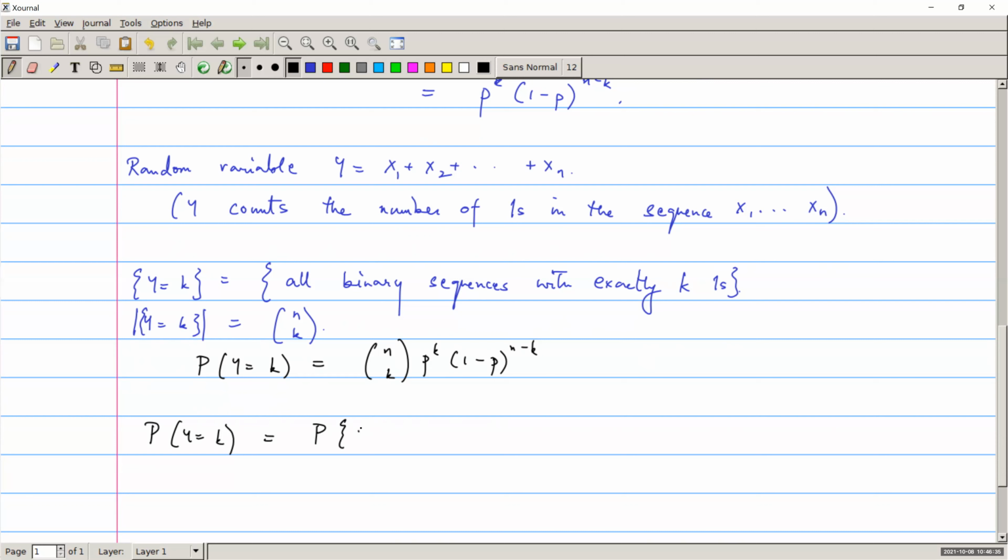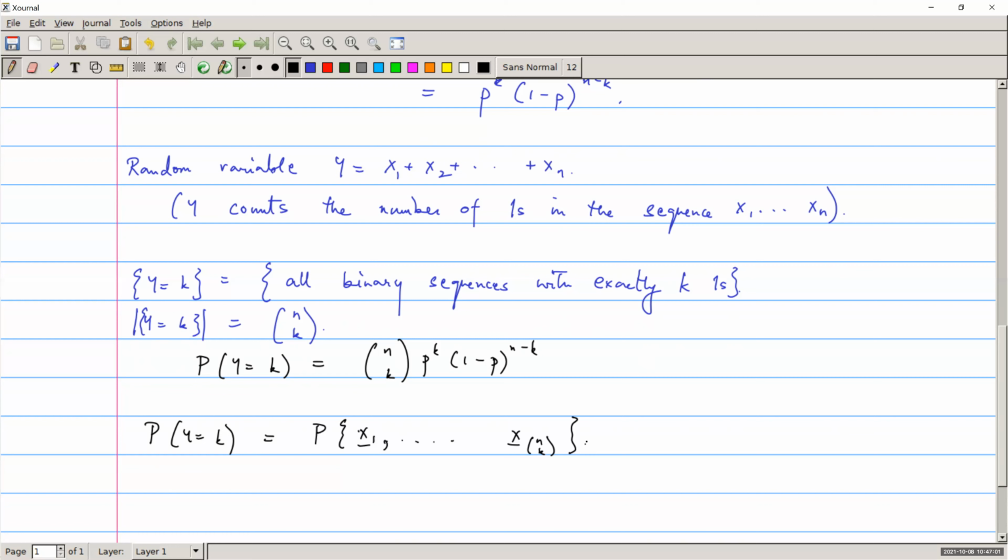Here y equals k is a set of many sequences, in fact exactly n choose k such sequences, all with exactly k ones and n minus k zeros.